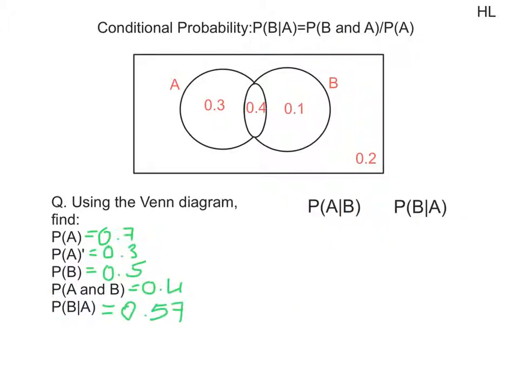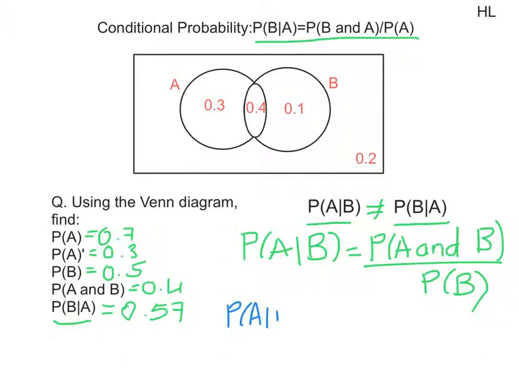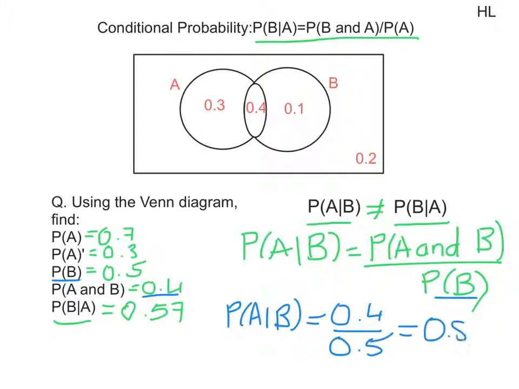An important thing to know is, in general, the probability of A given B is not equal to the probability of B given A. We have already calculated the probability of B given A. To show this, I'm going to calculate the probability of A given B. If we apply this to our conditional probability formula, this is equal to the probability A and B divided by the probability of B. Filling into this, we get the probability of A given B is equal to the probability of A and B, which is 0.4, divided by the probability of B, which we have as 0.5. 0.4 divided by 0.5 gives us 0.8.